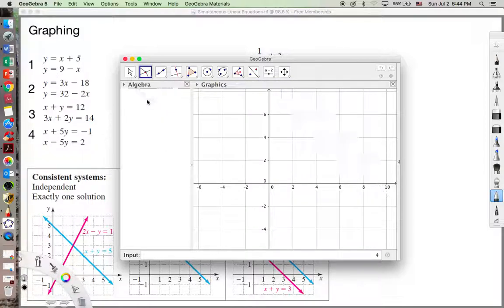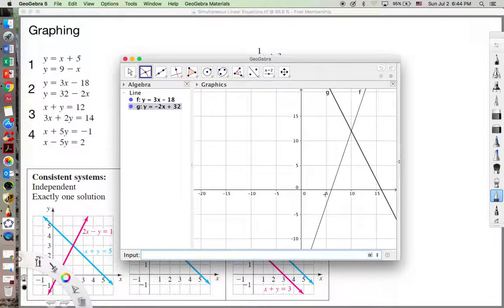Okay, let's take a look at number 2. Our second pair of equations is y equals 3x minus 18, and then y is equal to 32 minus 2x. And where do they intersect? There's our intersection, so let's draw a point there.